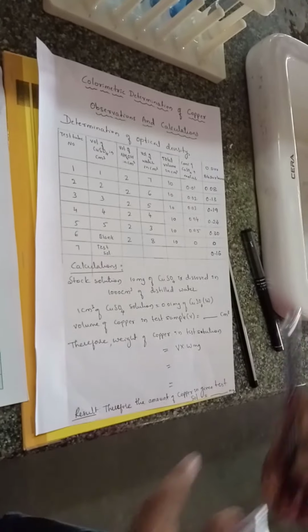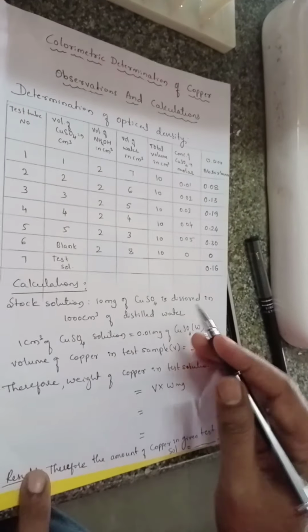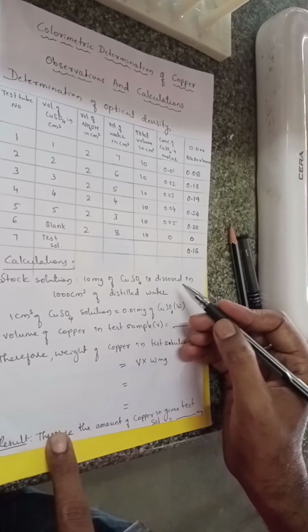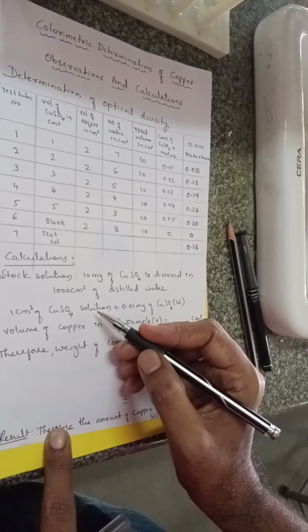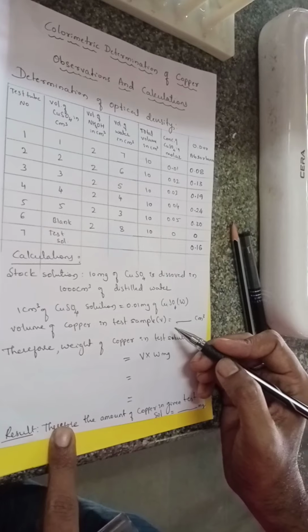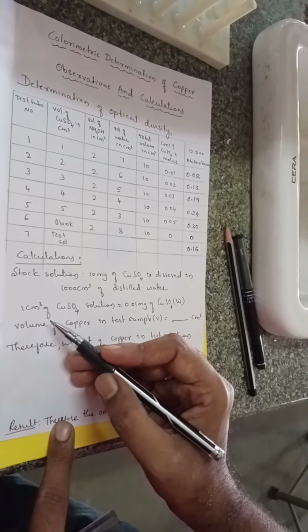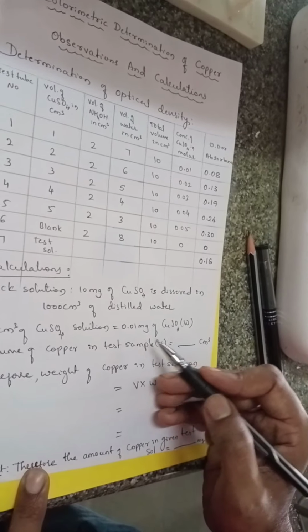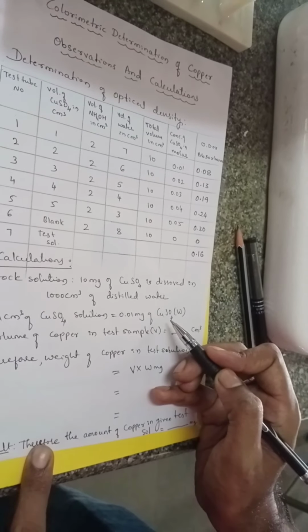Now coming to the calculation part, the stock solution which is prepared, 10 milligram of copper sulfate is dissolved in 100 cm cube of distilled water. What about this 1 cm cube of copper sulfate solution? That becomes 0.01 milligram, which is present in the copper sulfate solution.